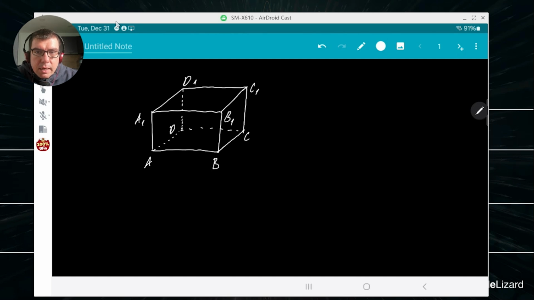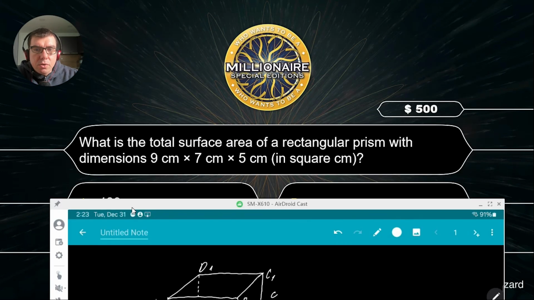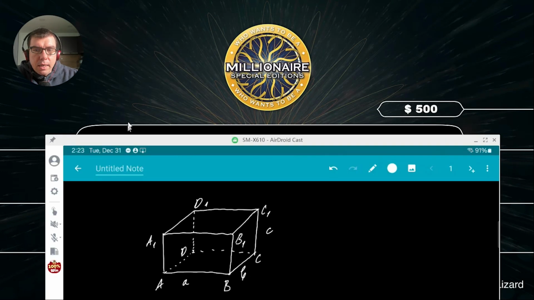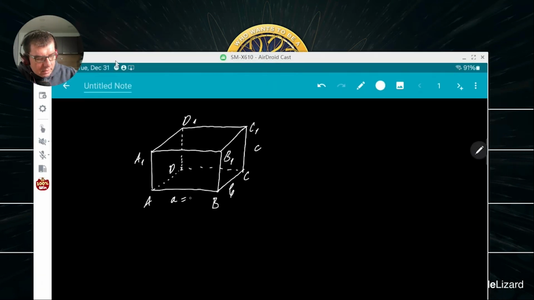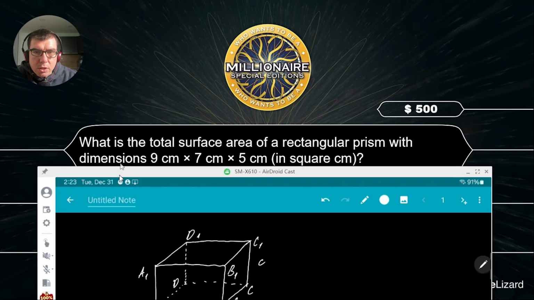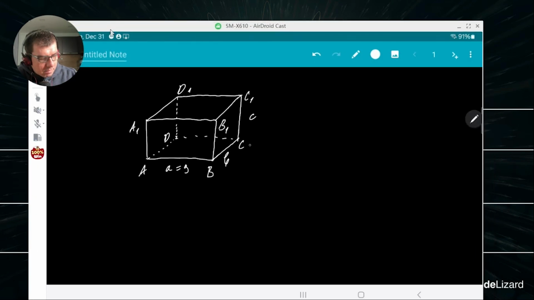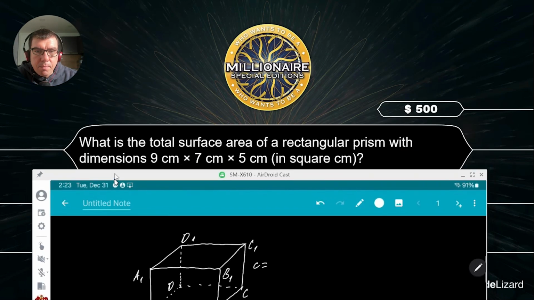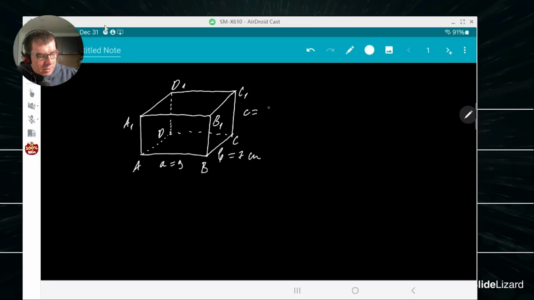And now the length, let's denote it with A, small letter A, the width with B, and the height, let's denote it with C. Okay, so the length is 9 centimeters, the width is 7, and the height is 5 centimeters.